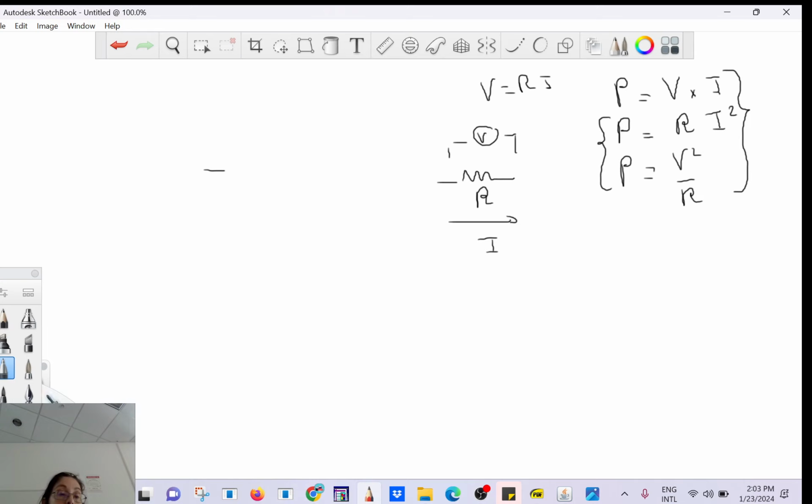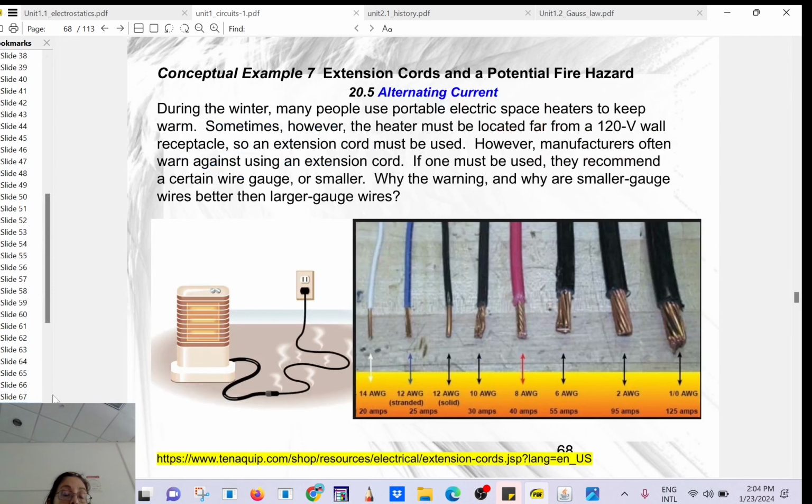So what's a resistance? A resistance will turn electrical energy into heat. It gets very, very hot, depending on the resistance and depending on the current. The amount of energy turned into heat is equal to R times I squared, so it depends on the current and the resistance. Sometimes it's a good thing. If you are using a toaster, for example, or a portable heater, that's what you want.